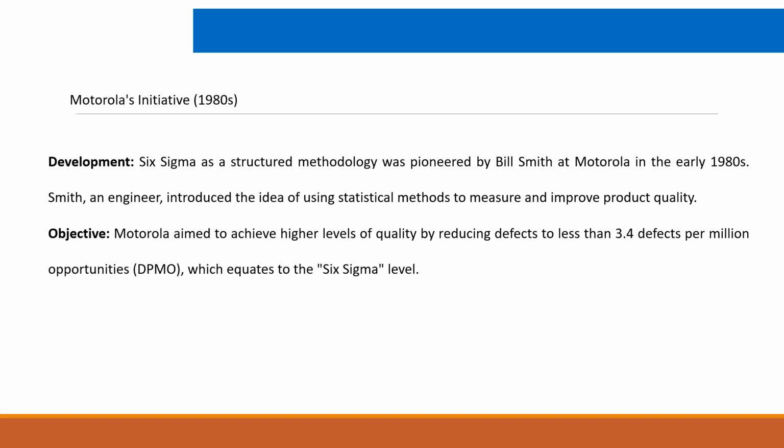Clear? So any business, any process working at 3.4 DPMO or less, not 3.4%, that means that business is running well. They are good at providing services. That is Six Sigma.